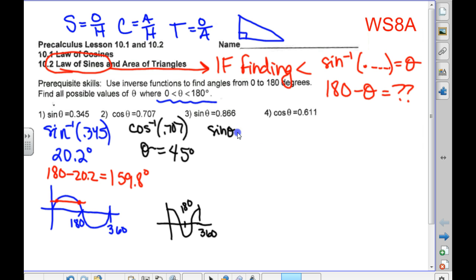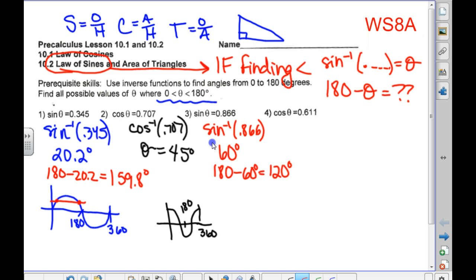Second sine on number 3 gives you roughly 60. Or we did second sine, right? Anytime you type second sine, you need to be looking for the other supplement of that angle, 120.